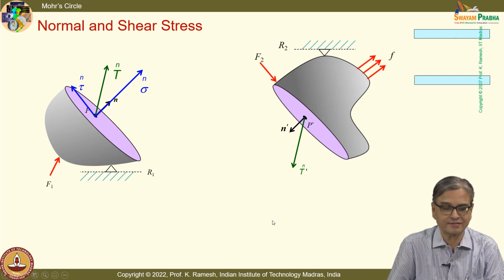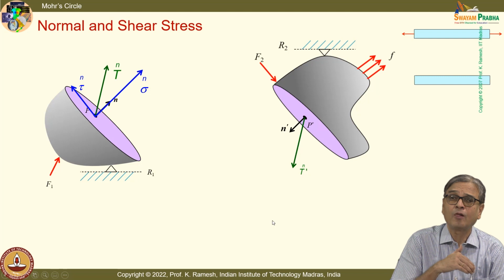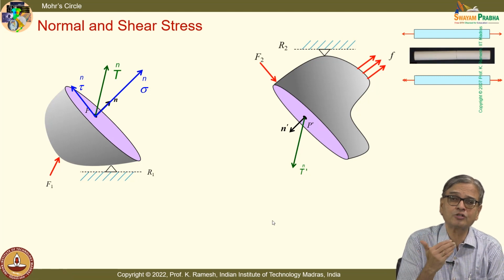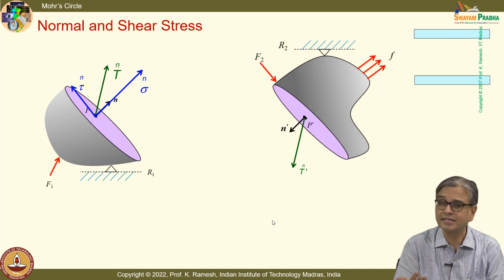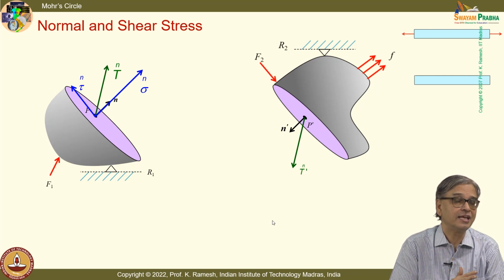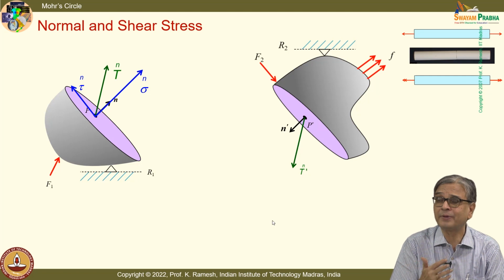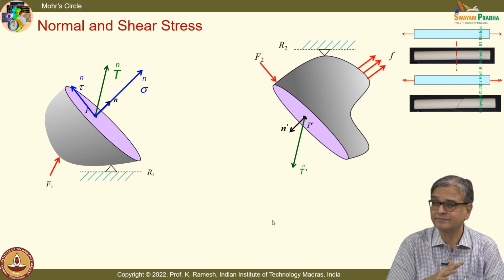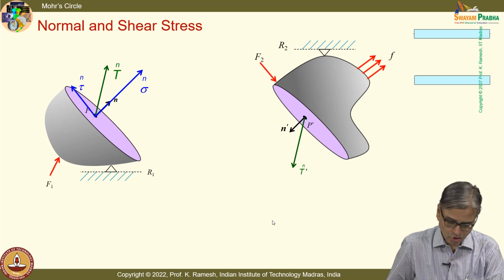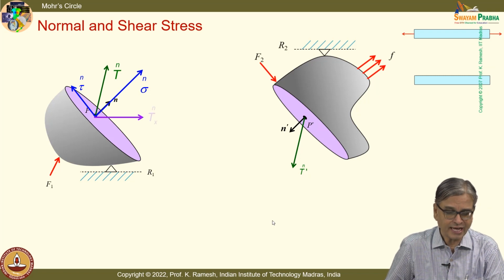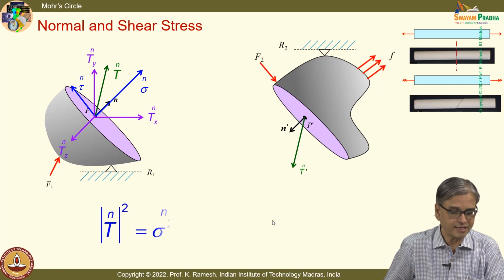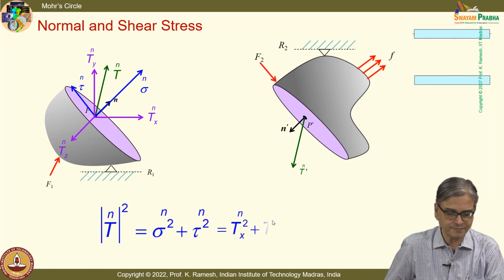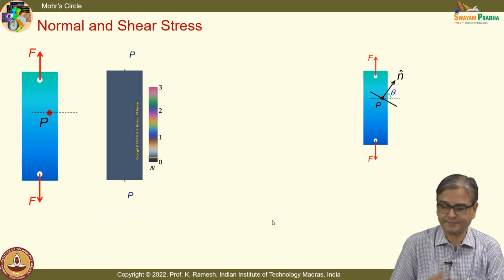So, we felt that on each and every plane passing through the point of interest, it is desirable for us to know the normal stress as well as the shear stress, because this helps in predicting failure theories, fine. So, when I have this, a natural selection is to go for a polar plot.